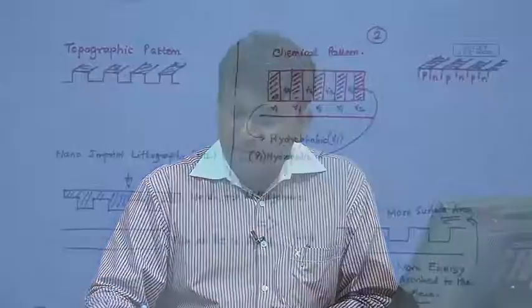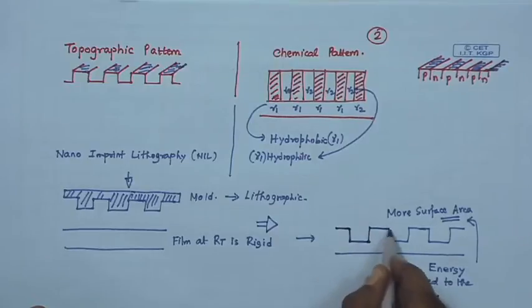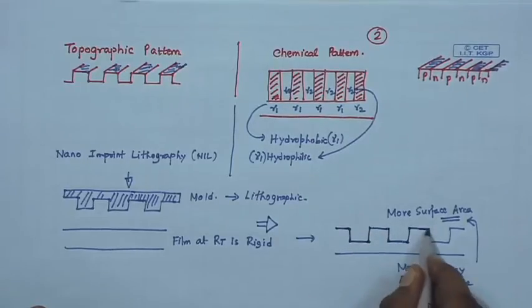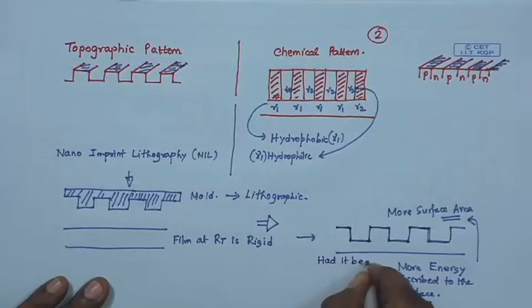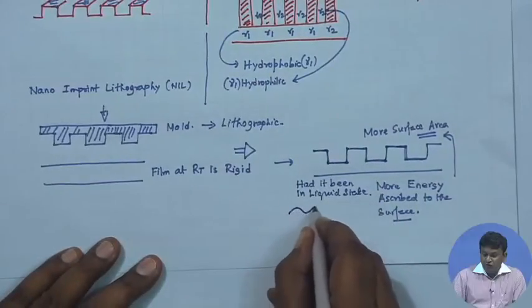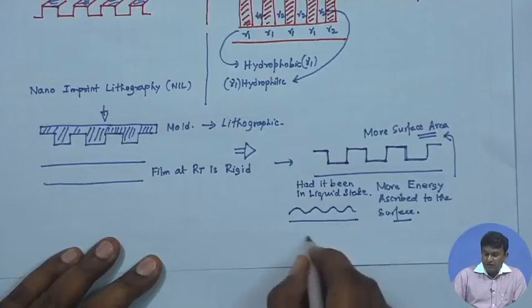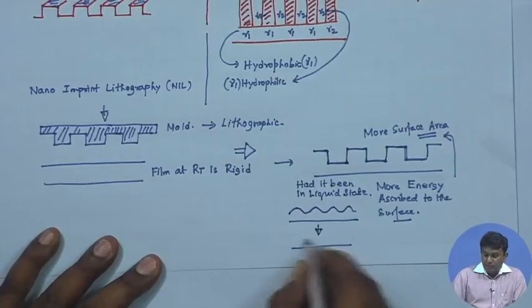And had this film been in a liquid form, there would have been some flow from zones of, again, higher Laplace pressure to zones of lower Laplace pressure, right. And eventually, had it been in liquid state, please follow this carefully, what would have happened is eventually these patterns would have flattened out.